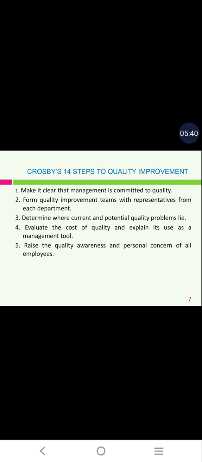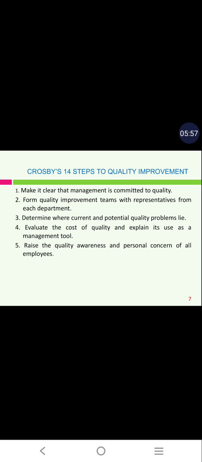The first step of Philip Crosby is make it clear that management is committed to quality. In the first point, Crosby is insisting that the management should be fully committed to quality.